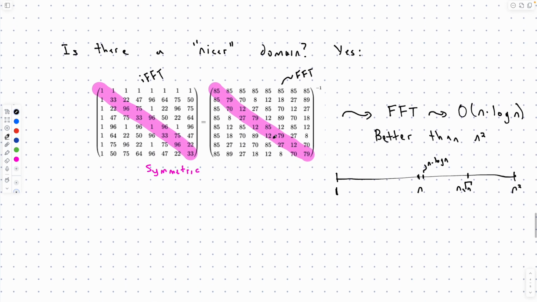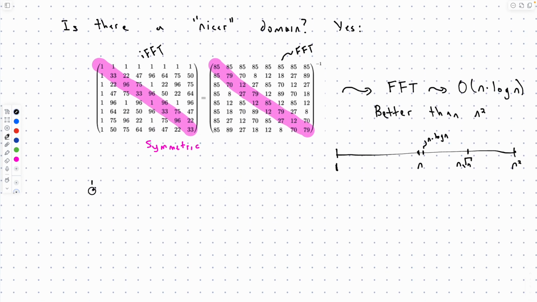Yeah, okay. So FFT, I'll note that. So you have the FFT matrix. And remember, again, it only depends on the domain. It has nothing to do with the polynomial itself.